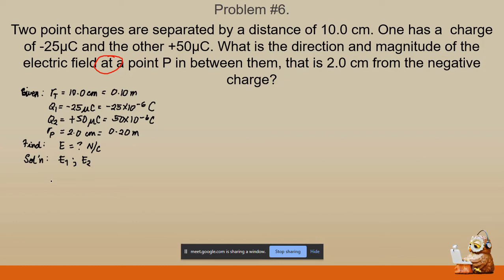Now, we can next draw our free body diagram, or you can directly first solve our electric fields. For this presentation, I will first draw the free body diagram for our E sub 1, E sub 2, and E sub net. By the way, let me first draw the free body diagram of the entire system, assuming that our charges lie on the x-axis, and that our Q sub 1 is positioned at the leftmost and our Q sub 2 at the rightmost.